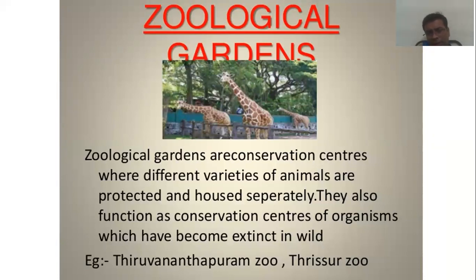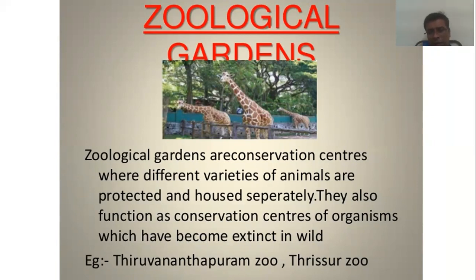Due to these problems, the population or density of wildlife animals may gradually decrease, because all these are in the food chain. They may be primary consumers or secondary consumers, and for survival they kill another animal.